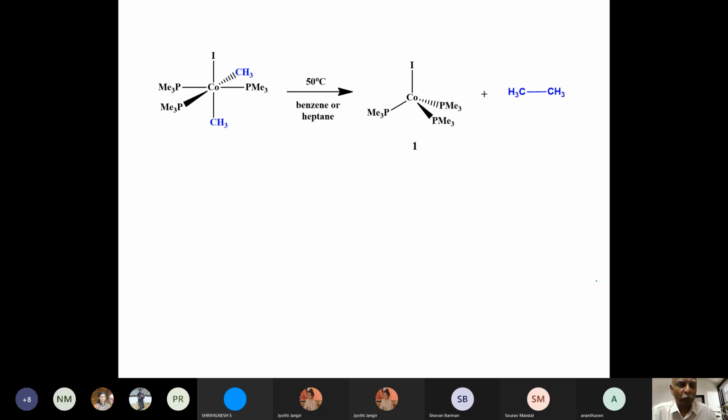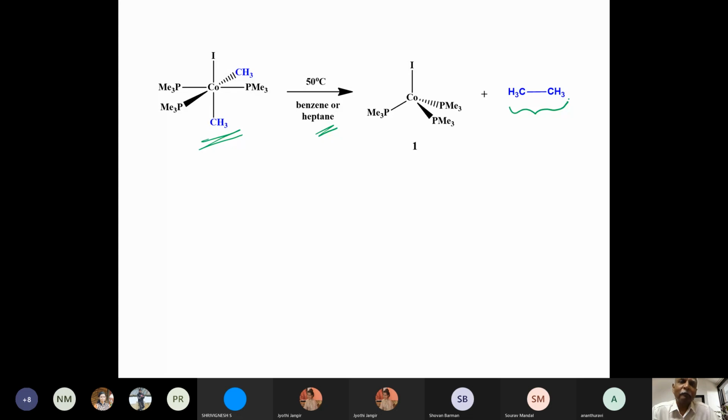What was interesting about Bernskoetter's work was that he and his student Zhu figured out that if they heat this octahedral complex at 50 degrees in benzene or heptane, you can eliminate ethane. Now, what you added oxidatively was methyl iodide. What you have eliminated is ethane.